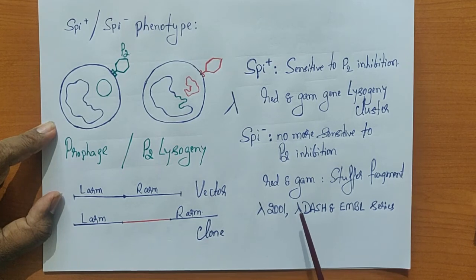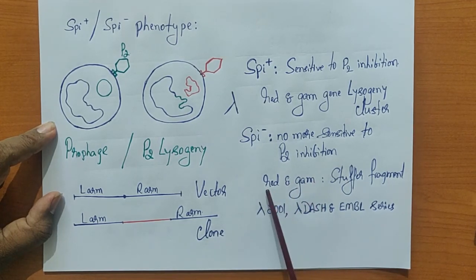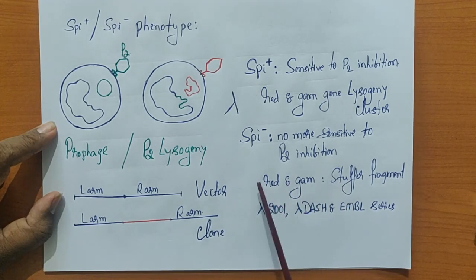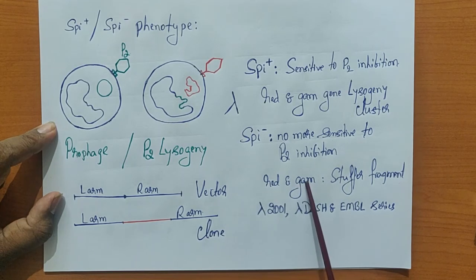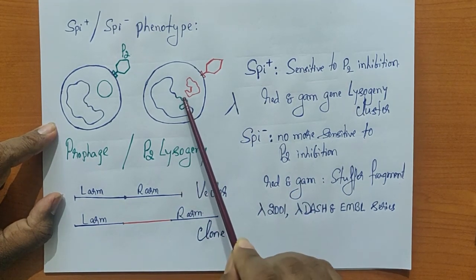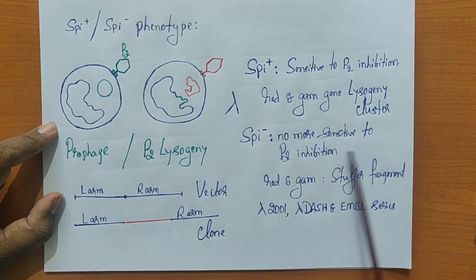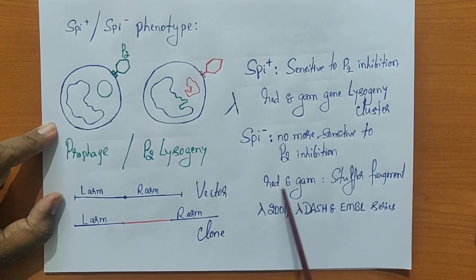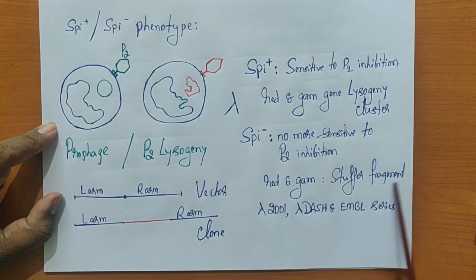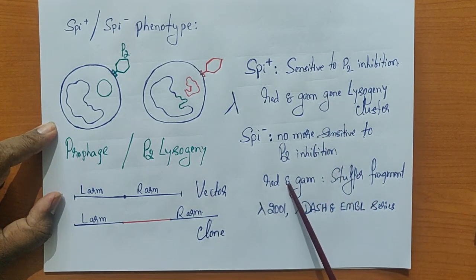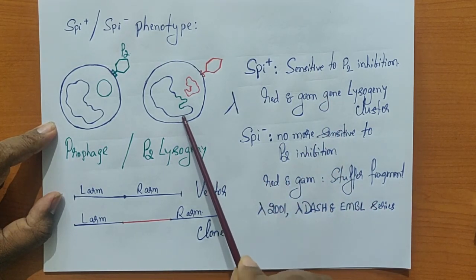In the stuffer fragment, they have included the red and gam gene. Now if the vector infects the P2 lysogeny host, it will never get into the lytic cycle. The moment we remove this red and gam gene from the stuffer fragment, it is easy to incorporate the DNA of our choice in a P2 lysogeny.